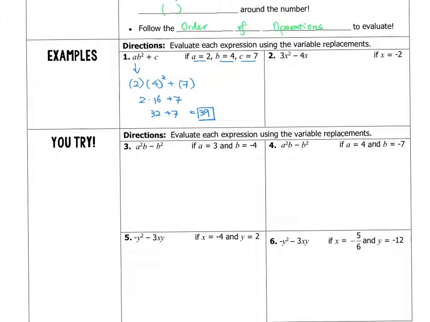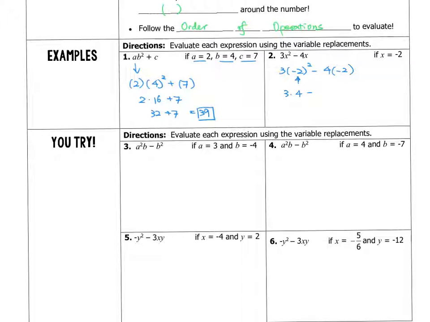Second one, x equals -2. Everything remains the same. You simply plug it in. And then you start doing the order of operations. Obviously, this one has the highest priority. -2 squared, if you use your calculator, is 4.